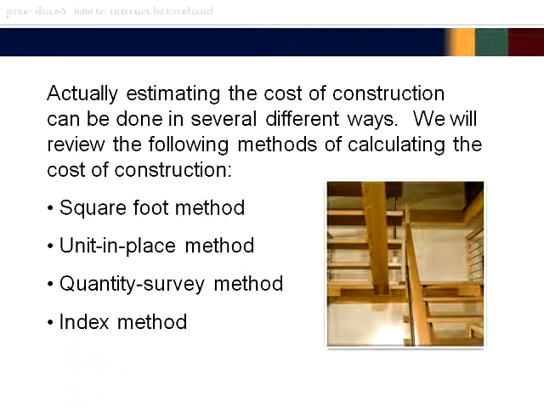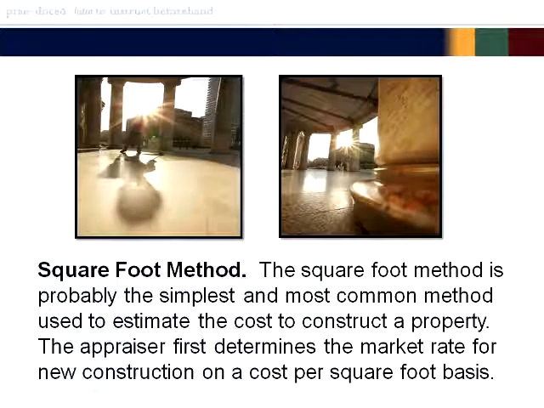Actually estimating the cost of construction can be done in several different ways. We'll review the following methods of calculating the cost of construction. Square foot method, unit in place method, quantity survey method, index method. Square foot method. The square foot method is probably the simplest and most common method used to estimate the cost to construct a property.